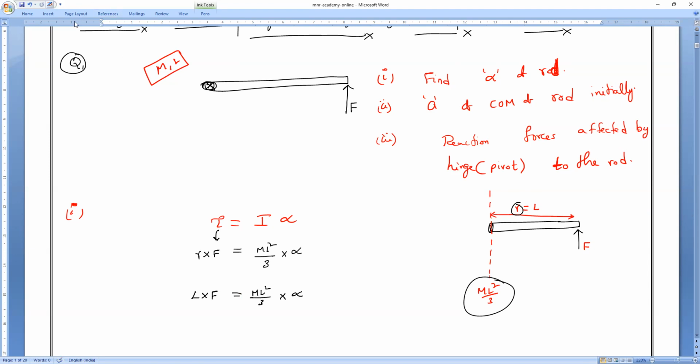Now L and L will get cancelled. So alpha is equal to 3F divided by ML. This is the angular acceleration. Anybody having doubt? Please let me know. Please ask.